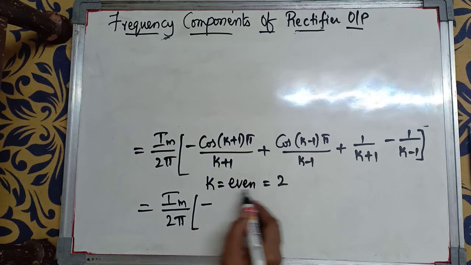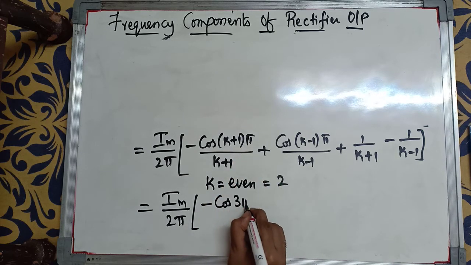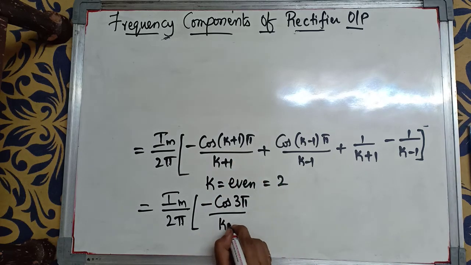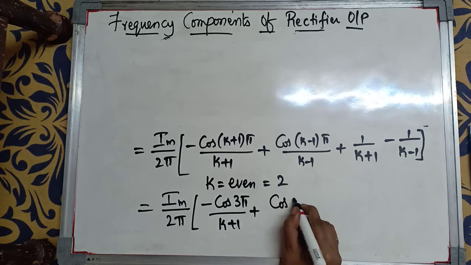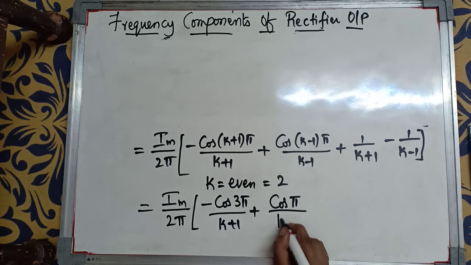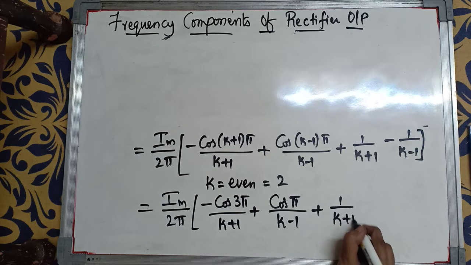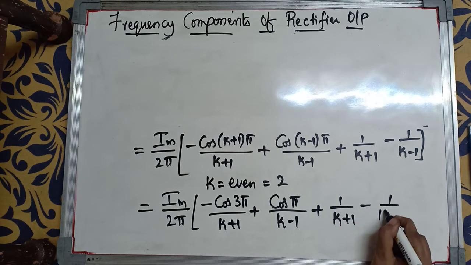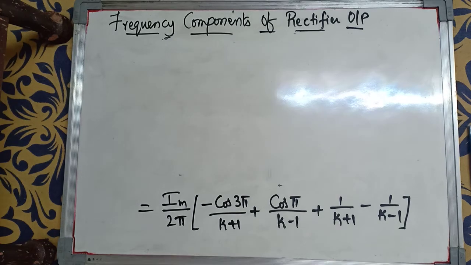So what is the value we'll get? We'll get 2 plus 1 will be 3, minus cos 3 pi by k plus 1, plus 2 minus 1 will be 1, so cos pi by k minus 1, plus 1 by k plus 1 minus 1 by k minus 1. Now here cos 3 pi is minus 1 as well as cos pi is minus 1.